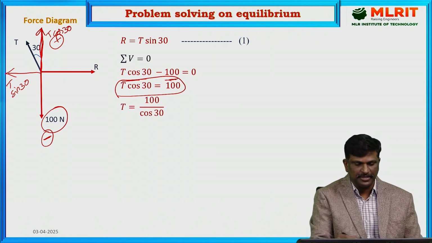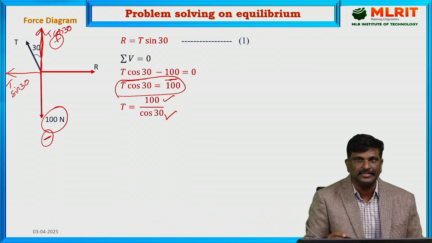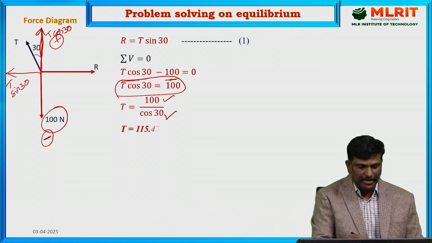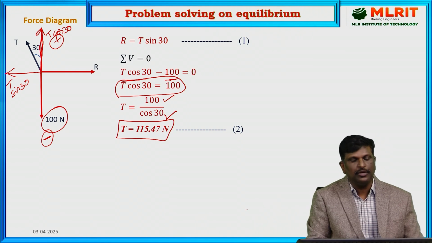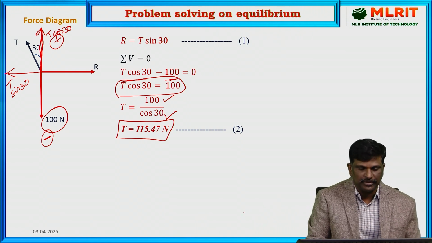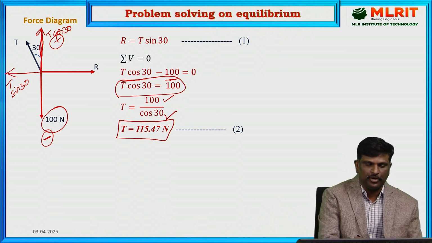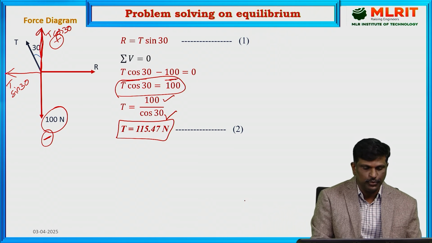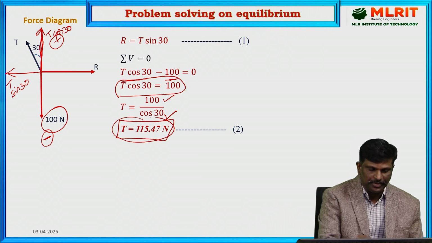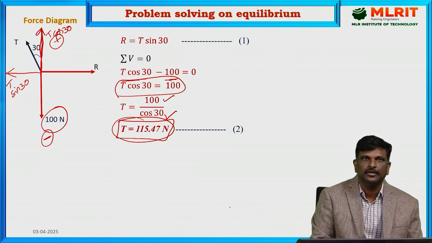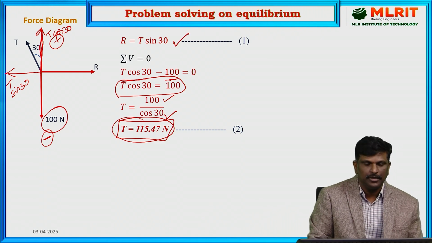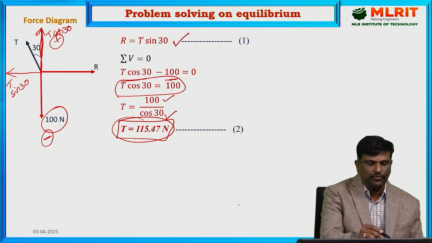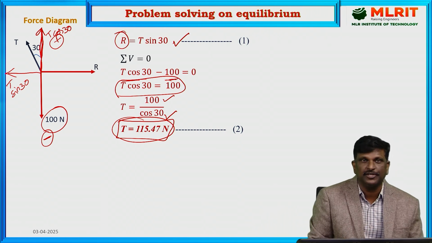Tension in the string is equal to 100 divided by cos 30. So, the value of tension in the string is T equal to 115.47 newtons. Now, substitute the value of T, the tension in the string, in equation number 1, R is equal to T sin 30, to find the unknown reaction from the wall.